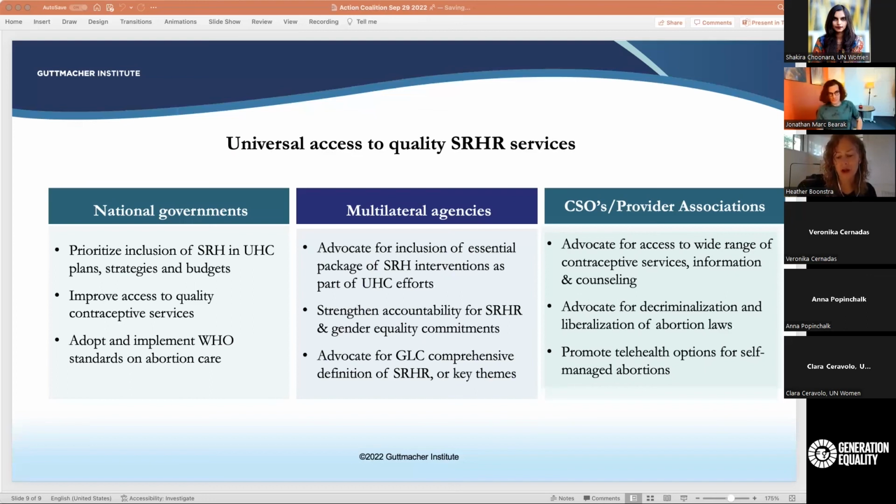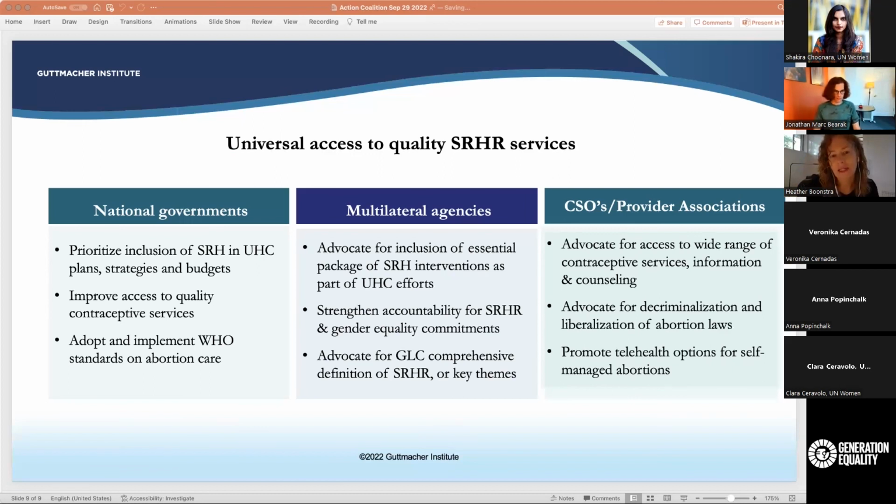They also, along with the governments, can play a key role in tracking progress and strengthening accountability, and can play a role in the adoption of the Guttmacher-Lancet comprehensive definition for sexual and reproductive health and rights, which really set out this definition that distinguishes sexual health and sexual rights, reproductive health and reproductive rights, and looks at that holistically and comprehensively, and the kind of interventions that are needed.